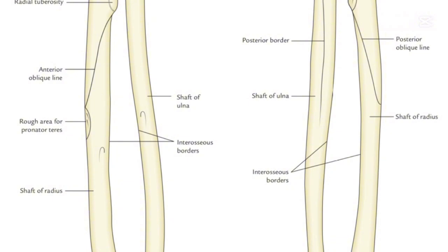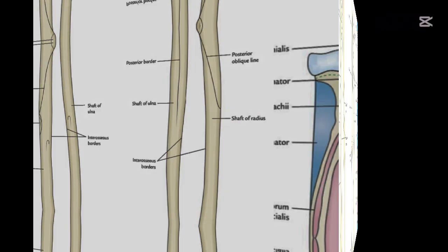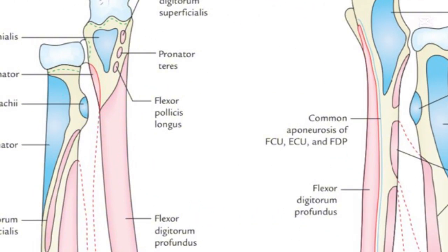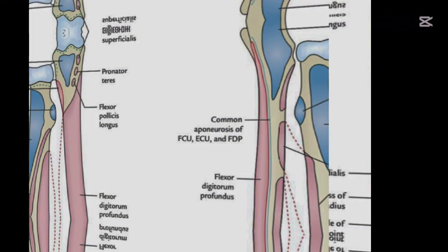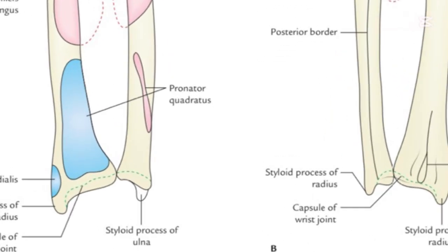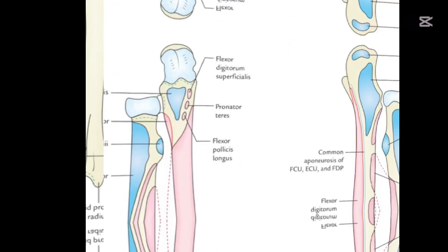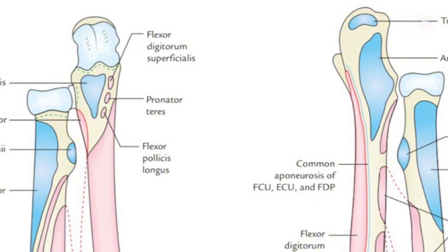Then now you also have the surfaces. Now the surfaces are just for the origination of the flexor muscles. So you have the one that's originating from the upper two-fourths, which is the flexor pollicis longus. The lower one-fourth is for the origination of the pronator quadratus. Now the flexor pollicis longus is the muscle of the deep compartment of the forearm.